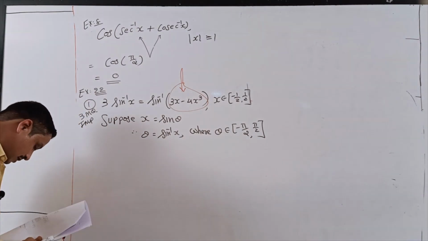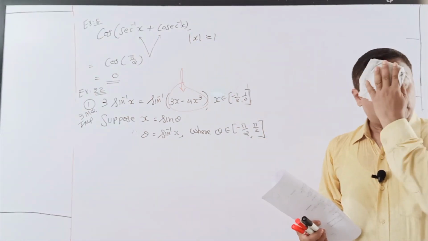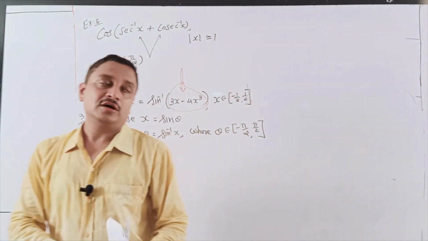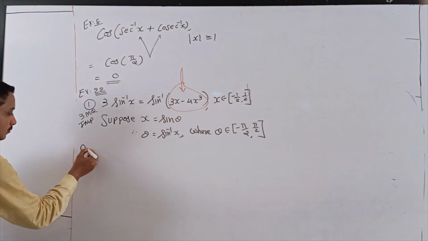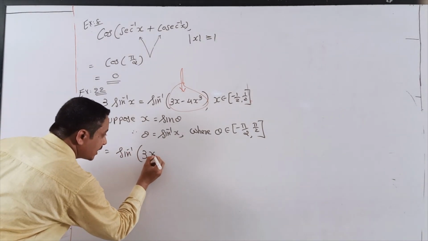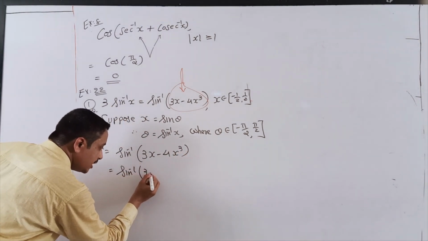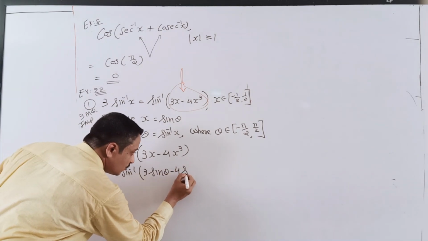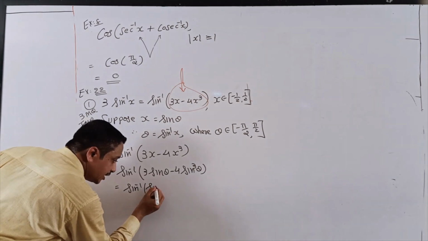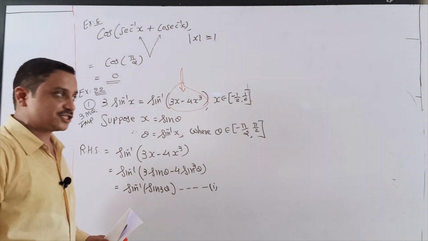Now the value of the RHS. Students, see what is your RHS? Our RHS is sin inverse of 3x minus 4x cube. Well, you put 3 sin theta minus 4 sin cube theta, and that I know is sin 3 theta. Statement number 1. You cannot write 3 theta directly, students.